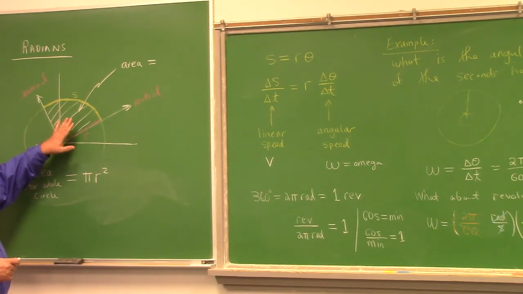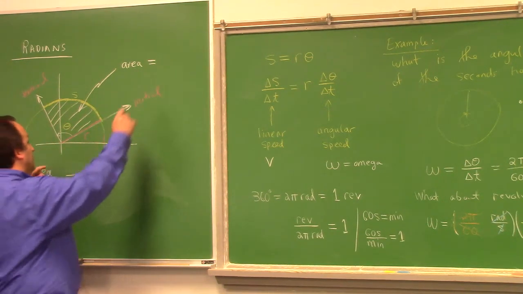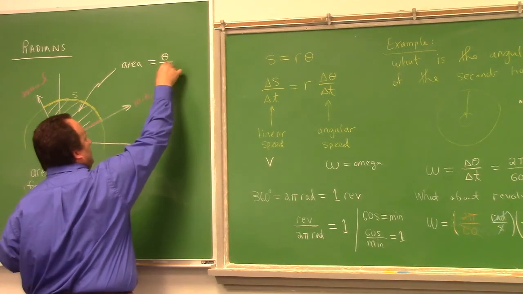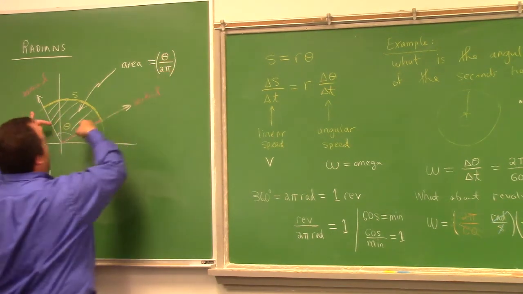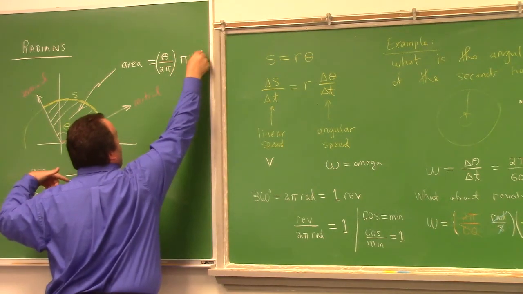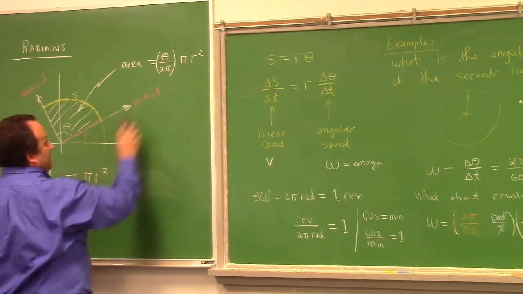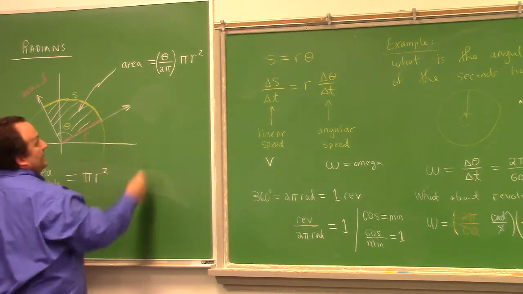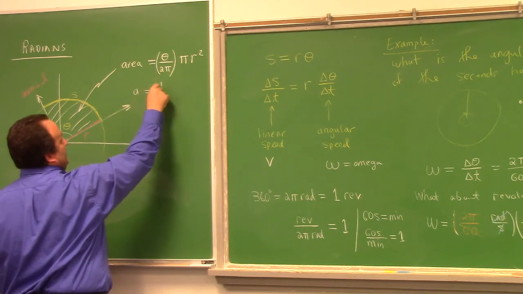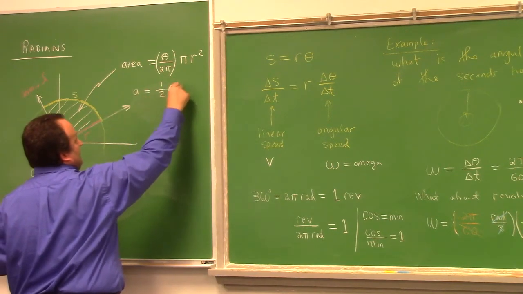So to get the fraction, I just take theta and divide by 2 pi. That gives me the fraction of the circle which is given by this arc. And then I just multiply by the whole area, which is pi r squared, right? And what does that give you? The pi's cancel, right? And so you get the formula, area is equal to 1/2 theta r squared.